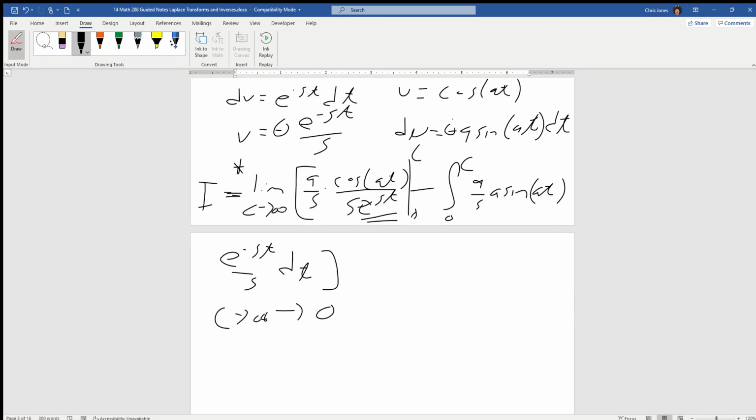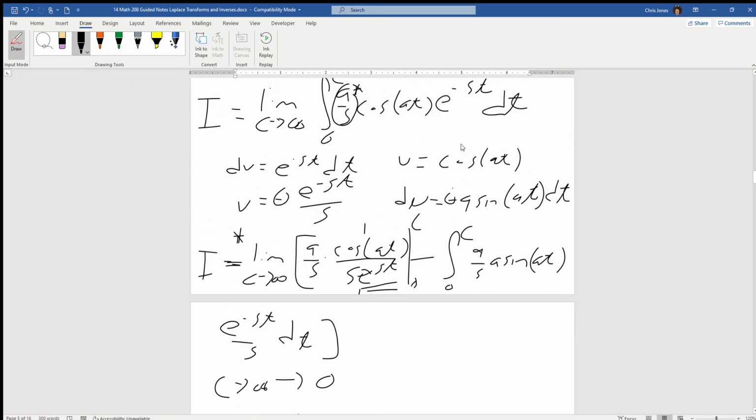Right? This time, when t is equal to 0, check this out. We're going to have a cos of at, which is 1, and then an e to the st, which is also 1.